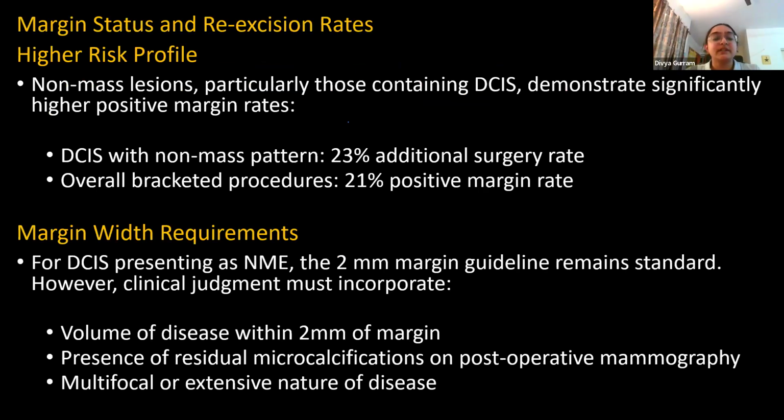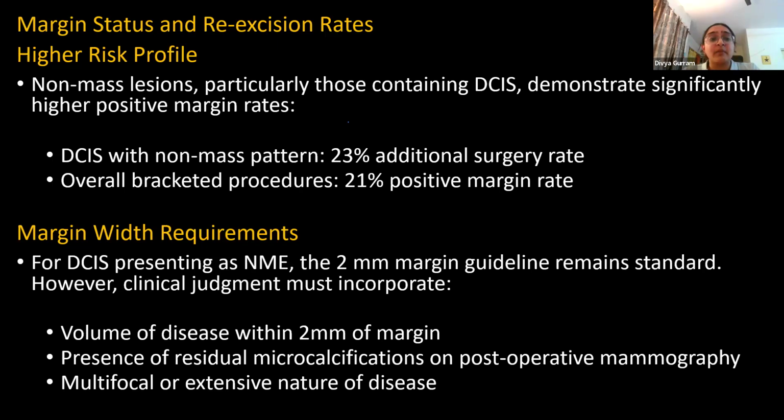Another consideration that non-mass lesions bring into the picture is margin status and re-excision rates. So NMLs have a higher risk profile, particularly non-mass lesions which contain ductal carcinoma in situ. They have shown significantly higher positive margin rates, with DCIS presenting as non-mass lesions having almost 23% additional surgery rates. And overall, in NMLs which had bracketed procedures done, 21% of these procedures showed positive margin rates.